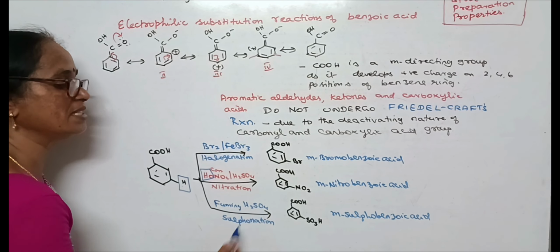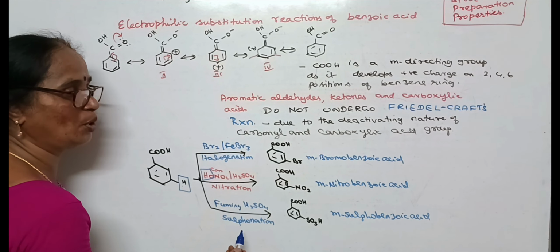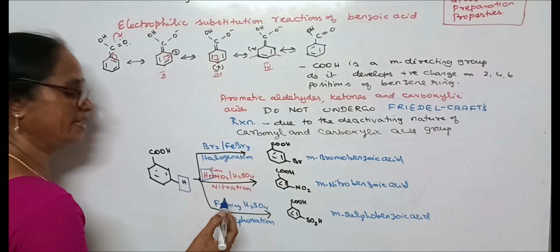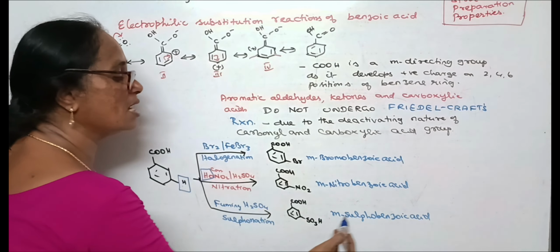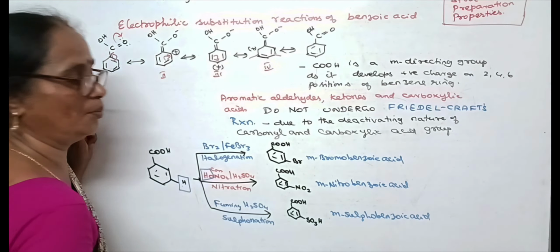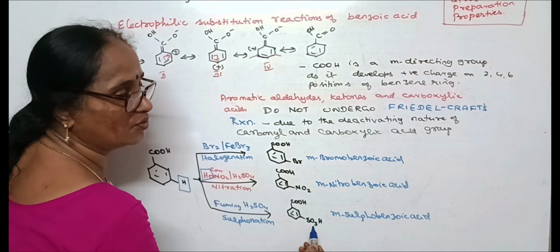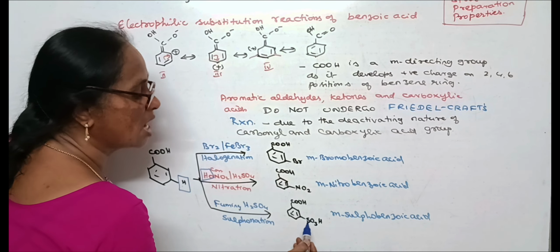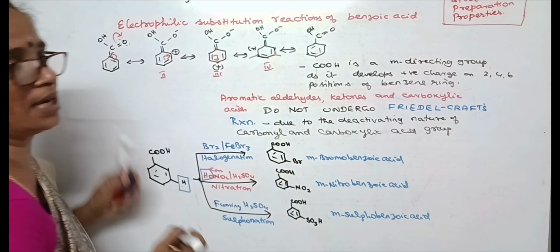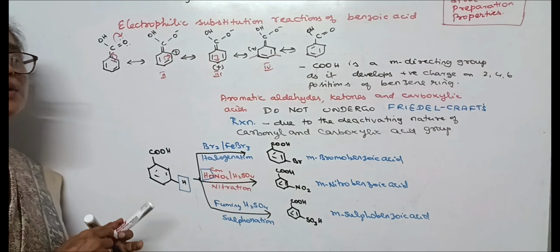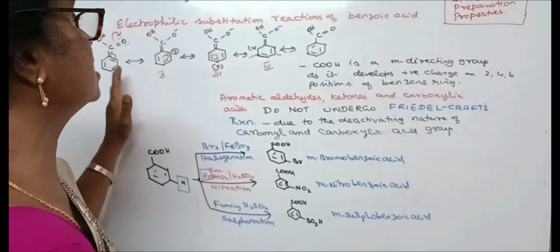Or with fuming sulfuric acid, which is nothing but oleum, it gives rise to meta-sulfobenzoic acid, because the COOH takes the priority, following that the sulfonic group, and hence the name is meta-sulfobenzoic acid. That's all the electrophilic substitution reactions of benzoic acid.